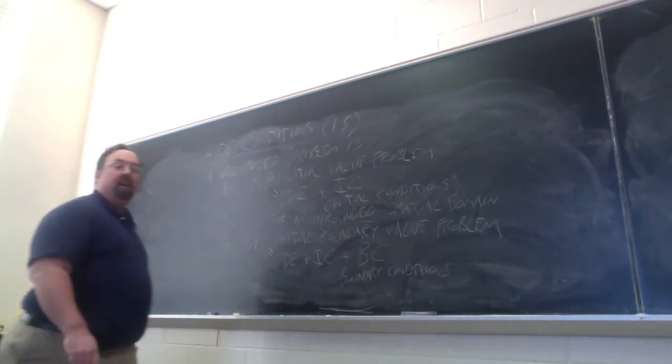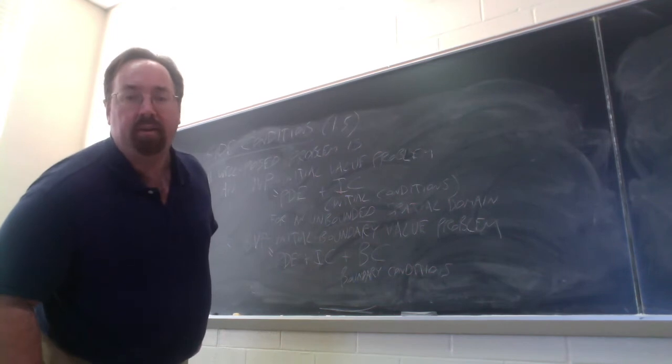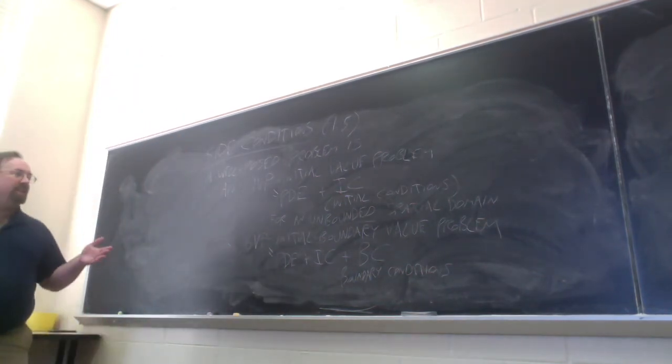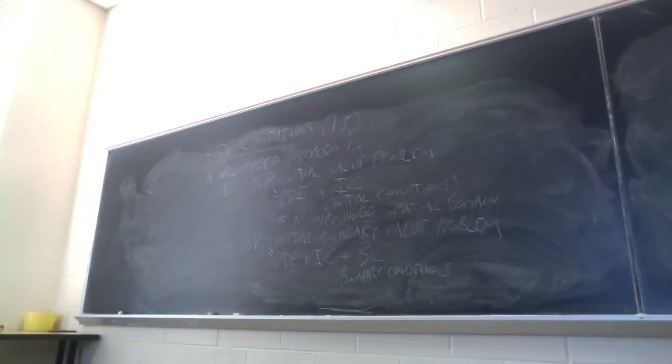Okay. So I want to spend a little time talking about these side conditions, either initial or boundary conditions, that these problems will feature that we're looking at all semester long. So there are different types of these conditions that you can have.